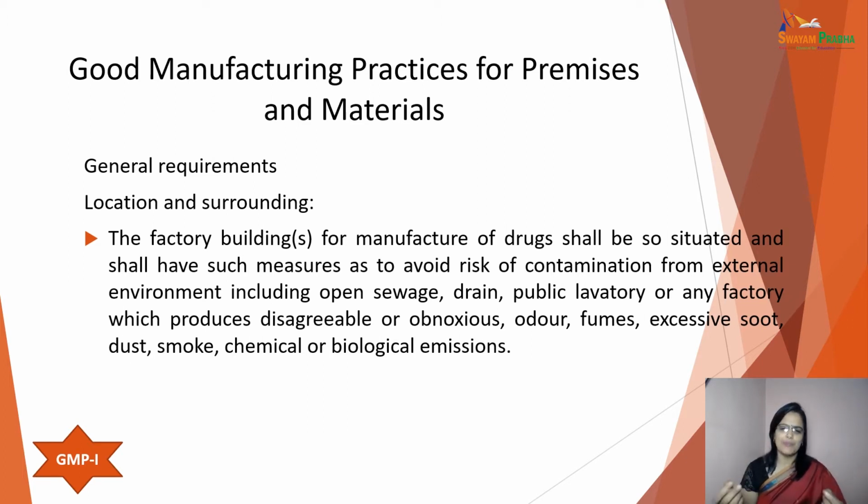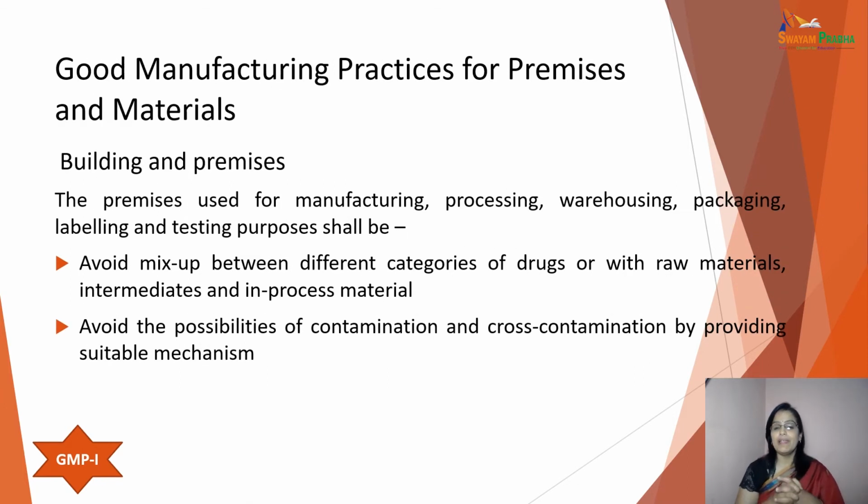This is to avoid contamination from the external environment, including open sewage, drains, public lavatories, and any factory which produces disagreeable, obnoxious odor, fumes, excessive soot, dust, smoke, and chemical and biological emissions.